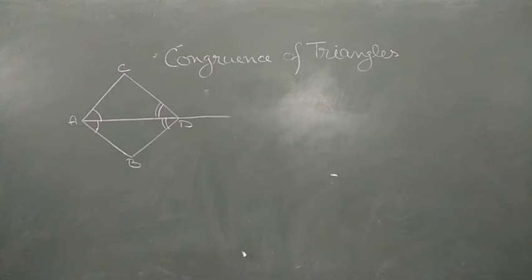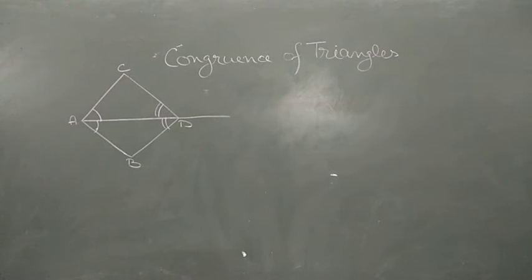Line AD bisects both the angles. Then prove that triangle CAD and triangle BAD are congruent to each other.